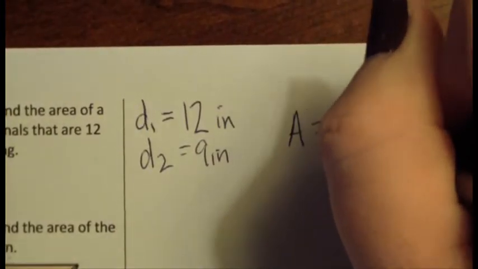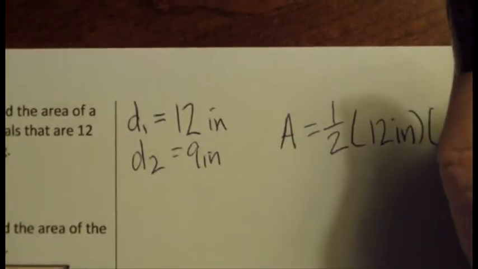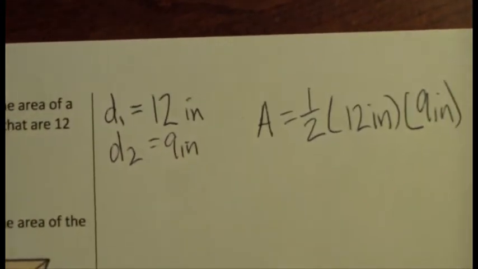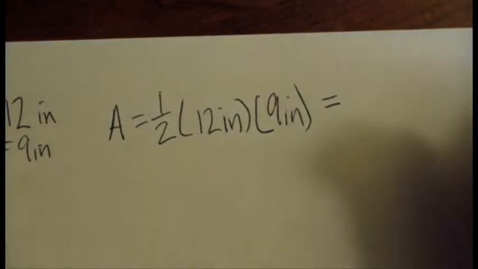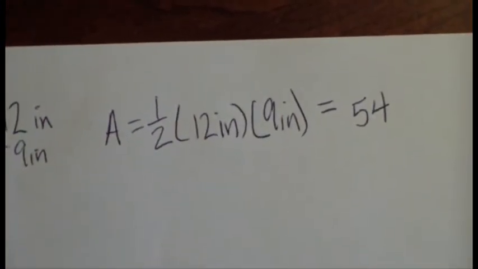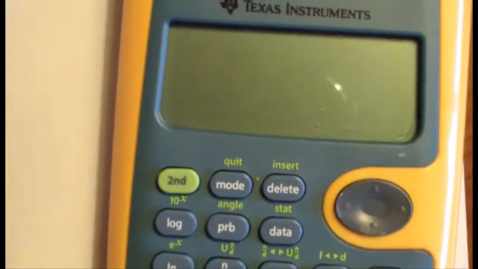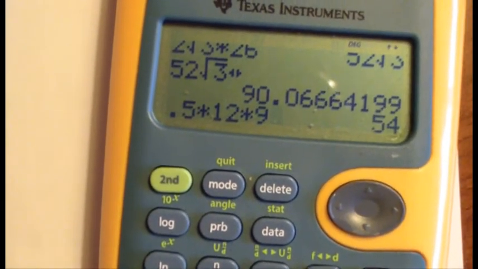Area is 1/2 diagonal 1 times diagonal 2, which is going to be 6, half of 12 is 6. 6 times 9 is 54. Just want to double check. 0.5 times 12 times 9. Yeah, 54. 54 inches squared.